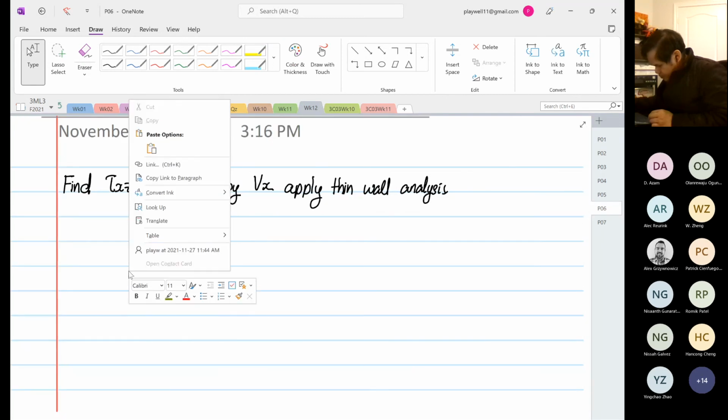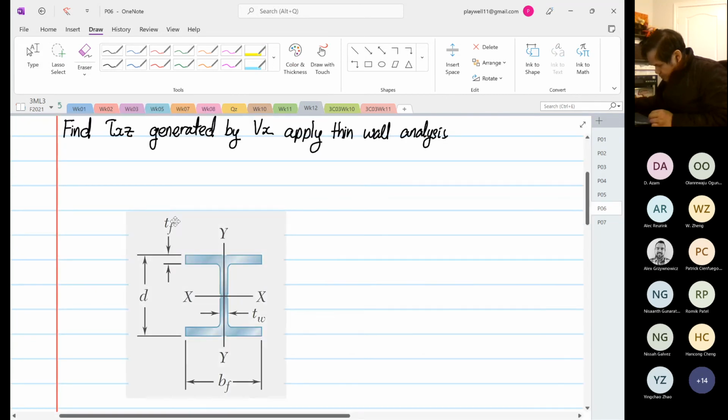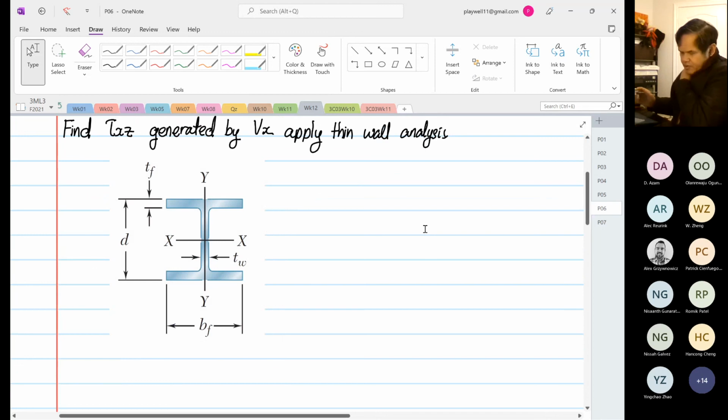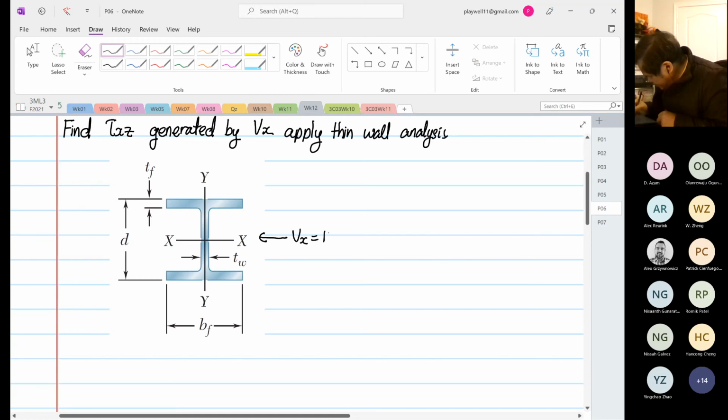And we have good news. Okay, so we know that Vx is heading this direction. So this is 16 times 10 power 3. So when we construct the shear flow, it will come in, and at the center, one arrow comes in and one arrow goes out.